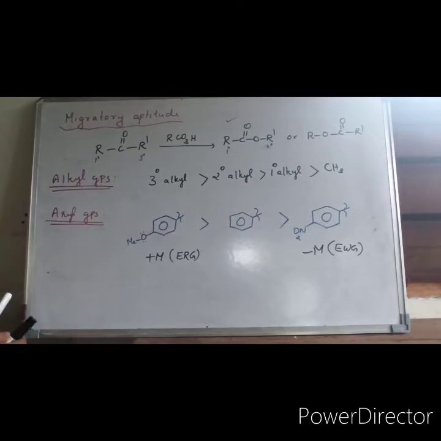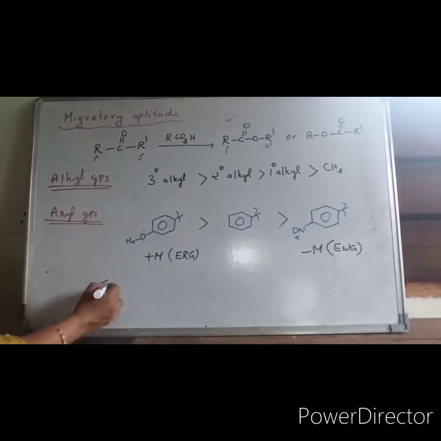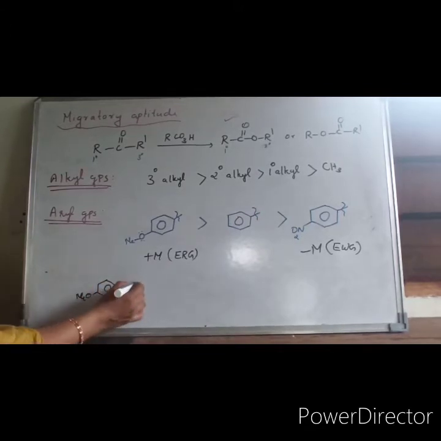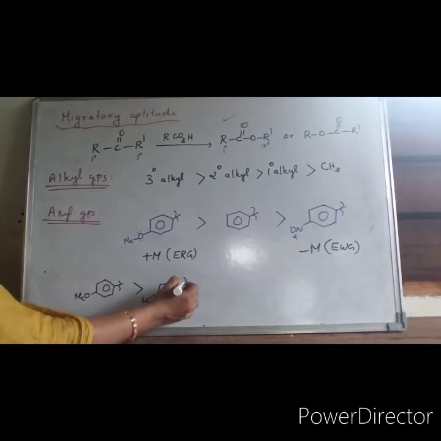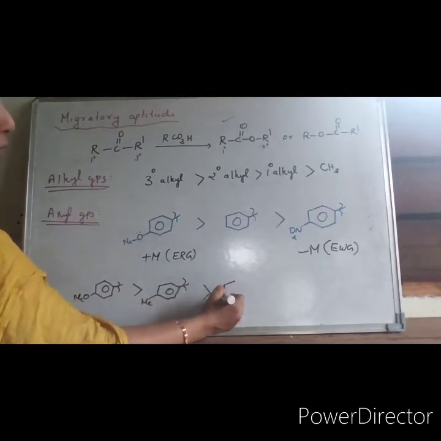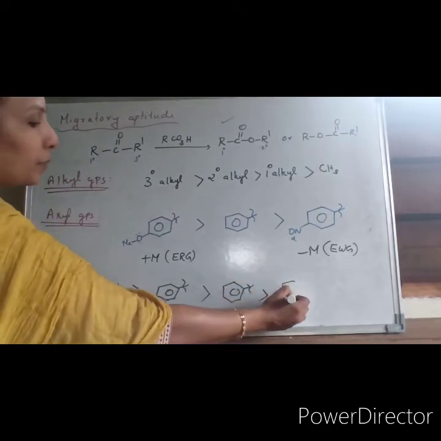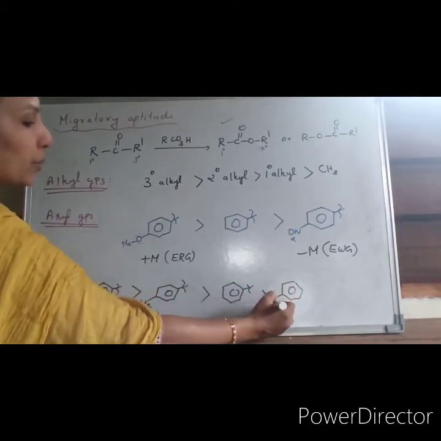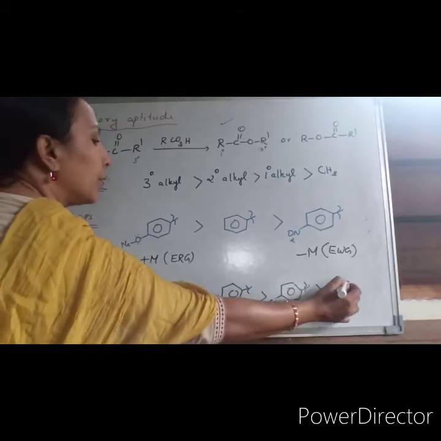And similarly, you can write it in this manner. This is OMe. OMe has a greater +M effect, so this has more. Then comes the methyl group, because the +M effect is somewhat less for methyl. Then comes our phenyl group. Then comes the chloro substituted one, then the nitro substituted one.